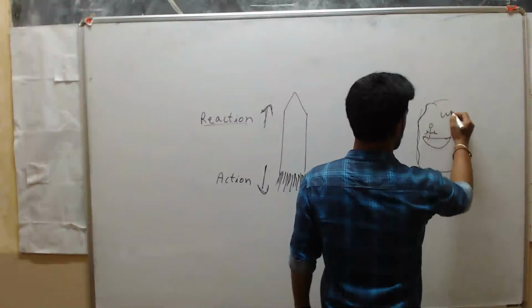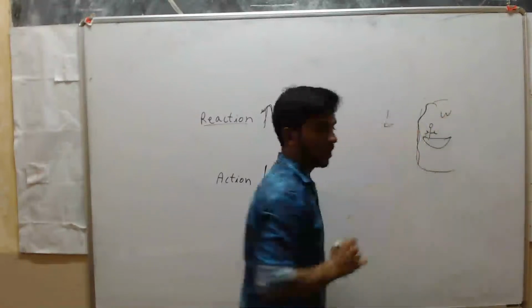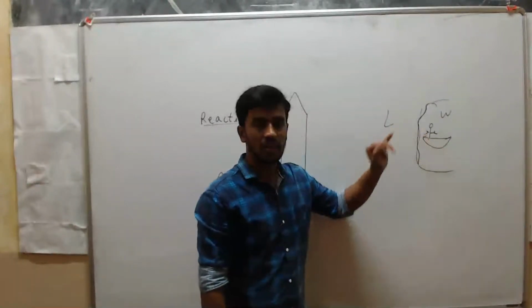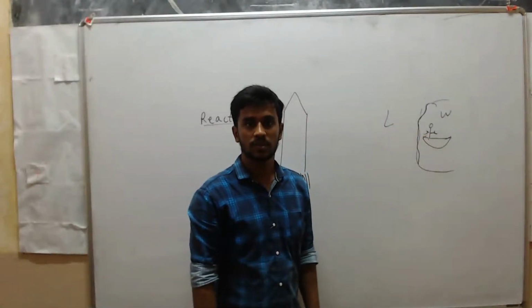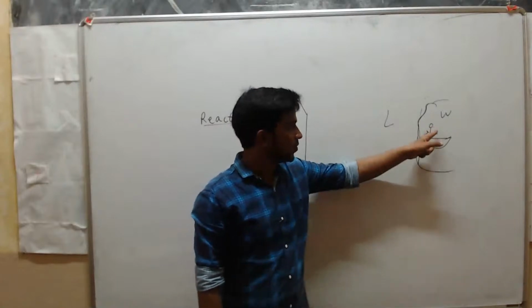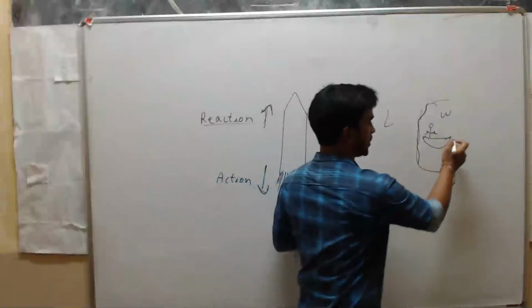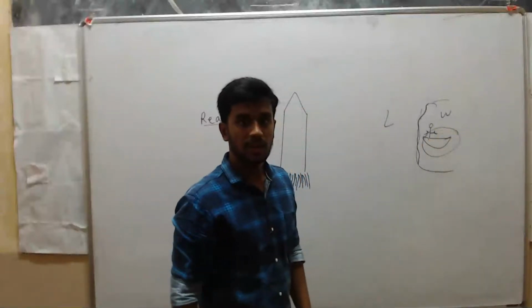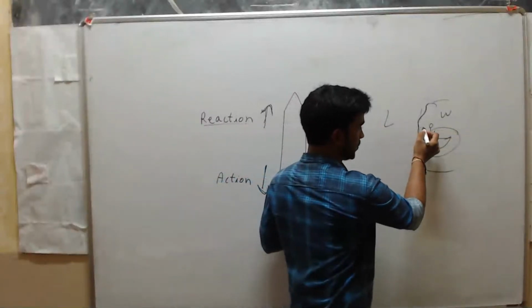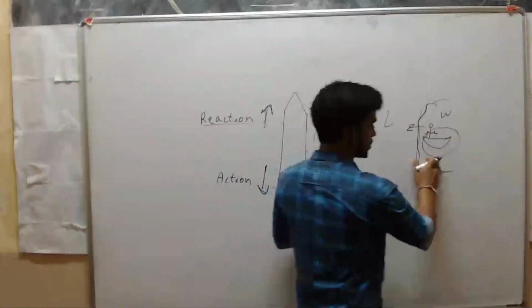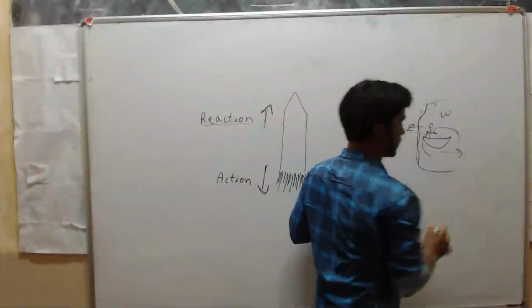This is water and this is land. Now the person will jump from the water to the land. What will happen to the ship? In which direction will it move? This person is jumping in this direction, so the ship moves in this direction.